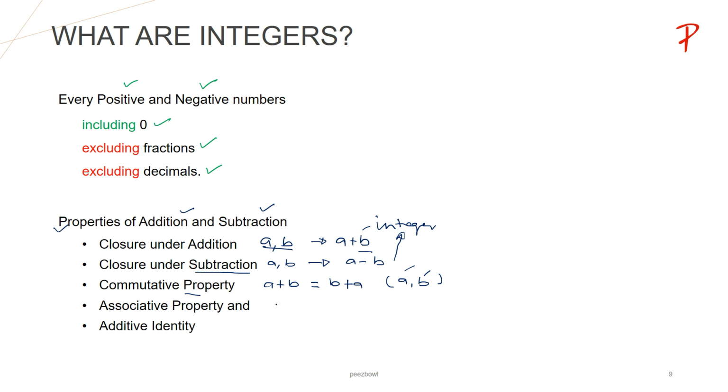And we saw that a plus (b plus c) is equal to (a plus b) plus c, and both had the same value. Last we saw additive identity, and we saw that whenever 0 is added to any integer, its value does not change.